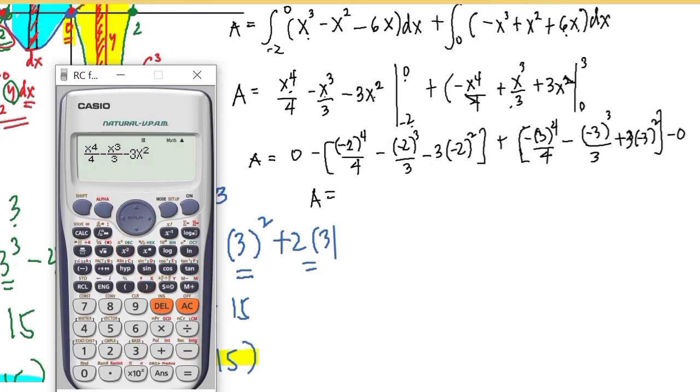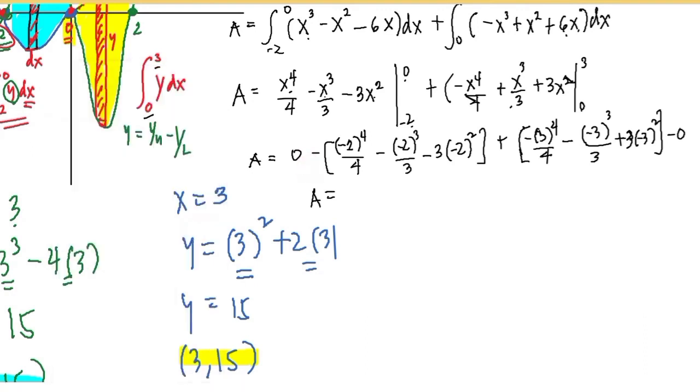Evaluating at negative 2, that is negative 16 over 3. As you can see, we have a negative, and our answer is negative, so negative times negative 16 over 3 would be positive 16 over 3. That is the area for the first one.